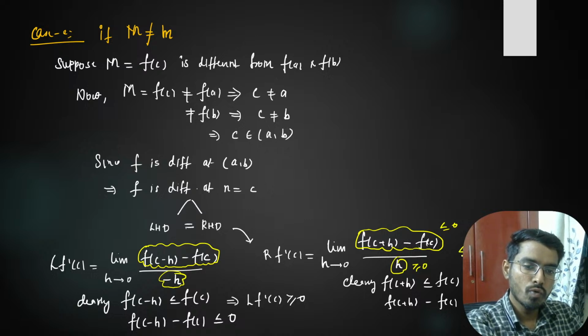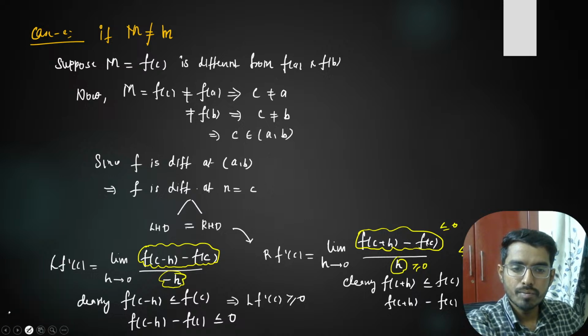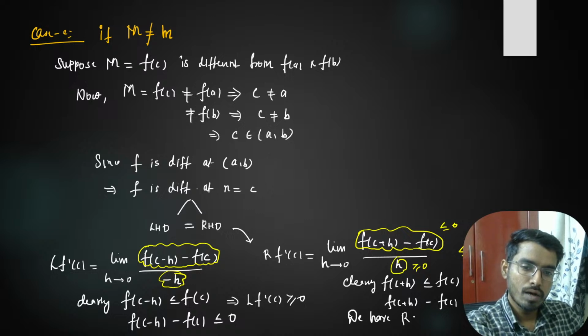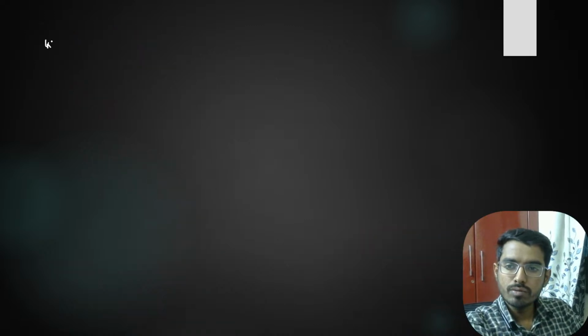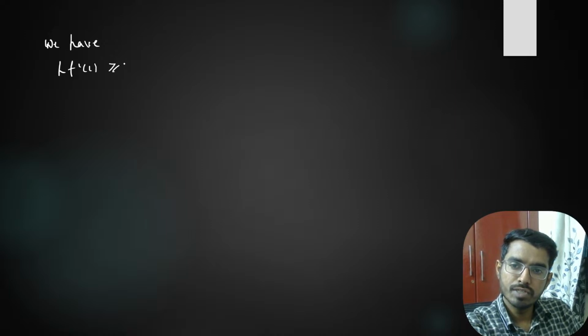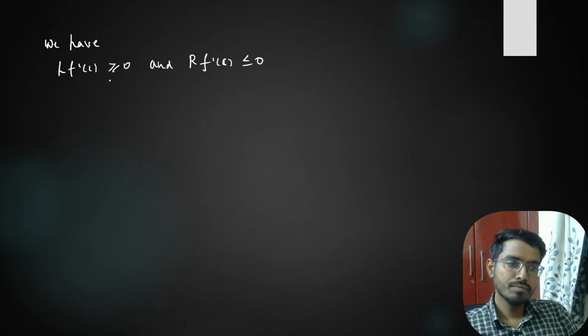As a result, your overall quantity will be less than 0. So we have R of f dash of c is less than or equal to 0, right? So we have L of f dash of c is greater than or equal to 0, and R of f dash of c is less than or equal to 0. See, we know both are equal, right?